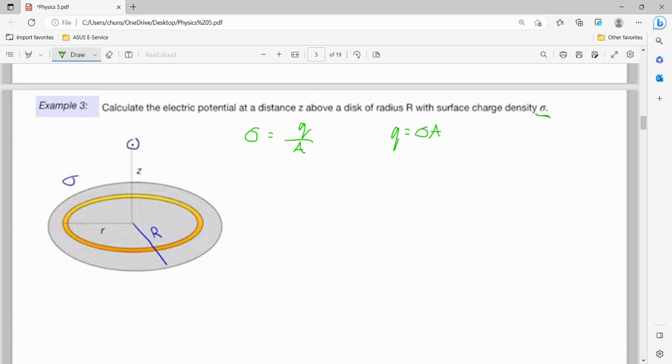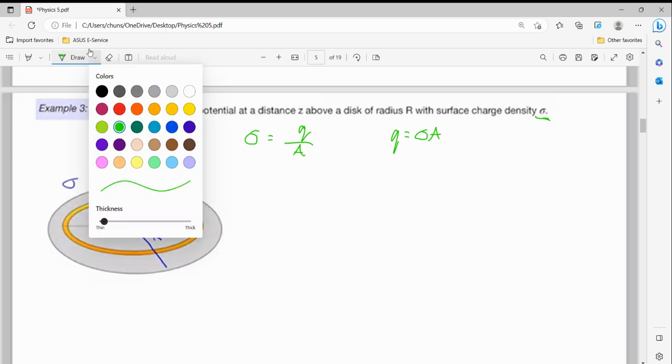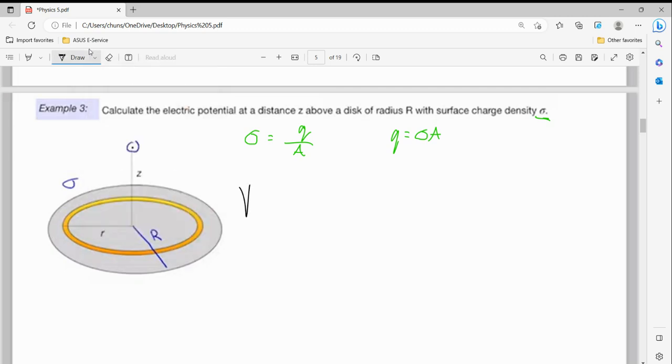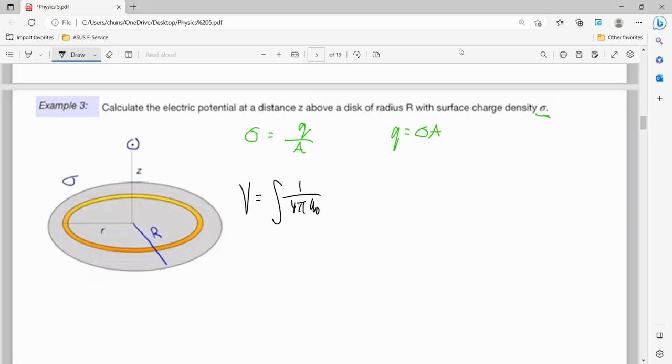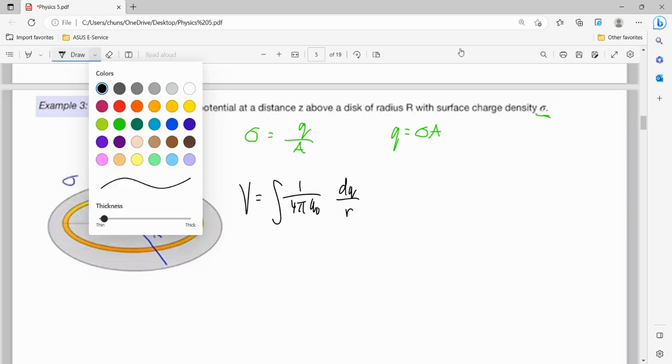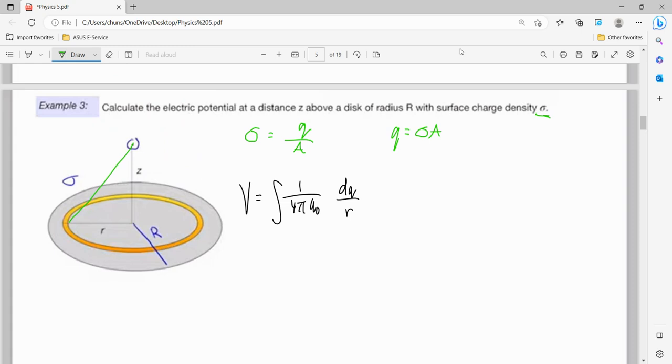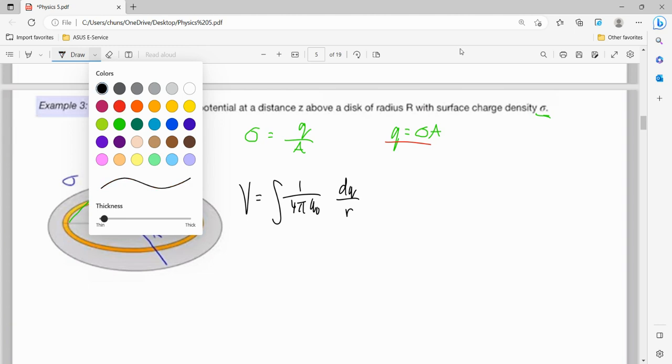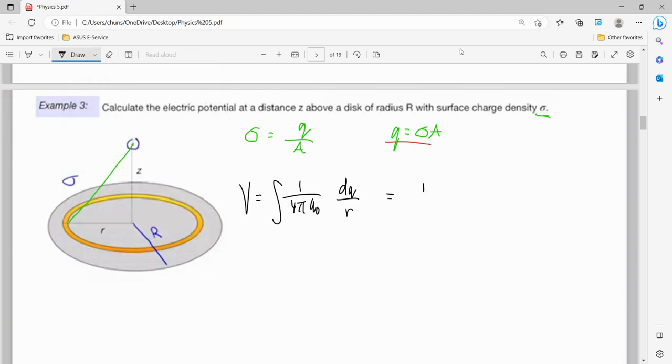So if we were to do the same thing again, and this is times dq over our separation distance. So I'm going to draw our separation distance. And I meant to use red for this part. So if we do the same thing and replace them, you can kick out the 1 over 4 pi epsilon 0.